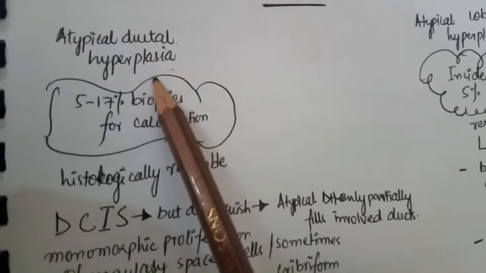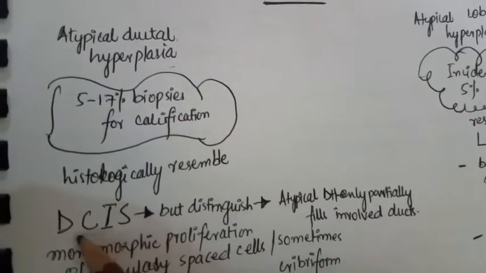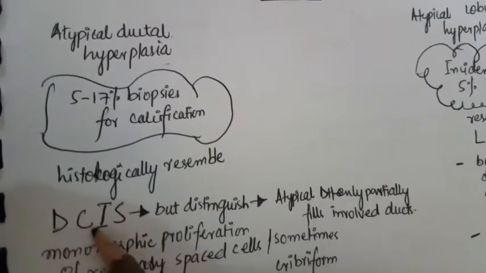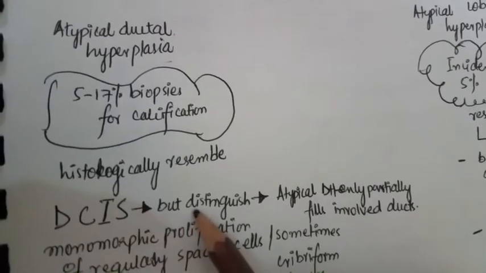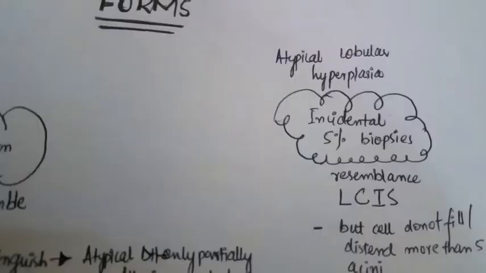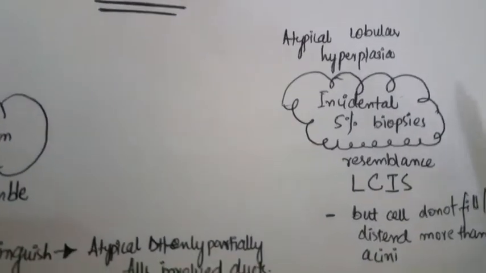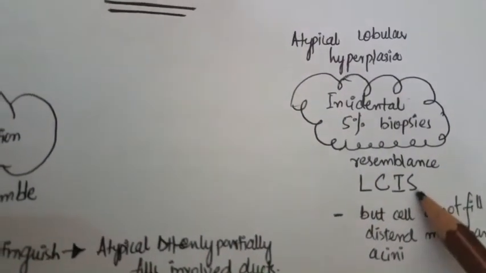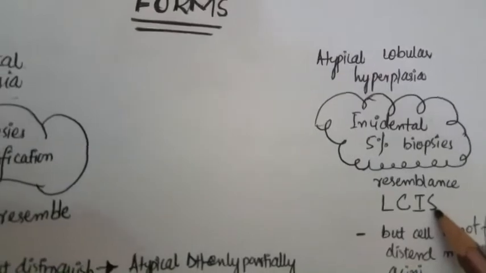Atypical ductal hyperplasia resembles DCIS, meaning ductal carcinoma in situ, but is distinguished from it. And atypical lobular hyperplasia resembles LCIS, meaning lobular carcinoma in situ.